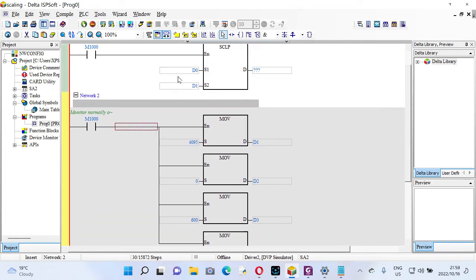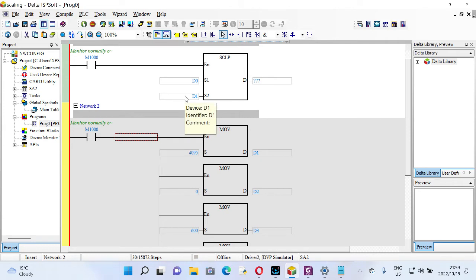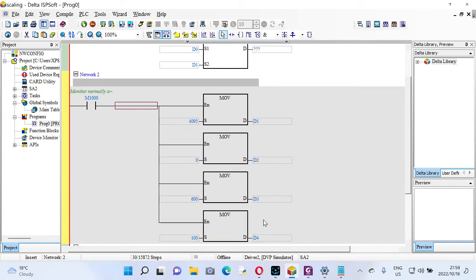So what does it mean here? D1 is just saying this is where we are starting. That's our S2. So S2 plus 1 is here, S2 plus 2 here, S2 plus 3 is this one. I'm now moving that information, my limits. The moment I switch on the PLC, these values are just going to be moved in there.